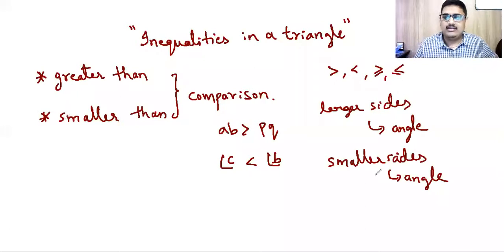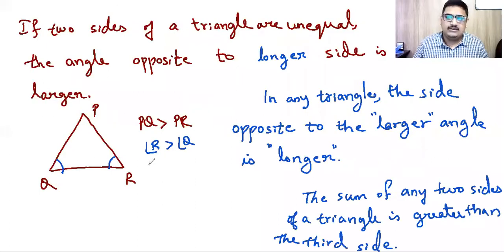So inequalities in a triangle basically talks about the comparison of the quantities. Comparison of what? Comparison of sides, comparisons of angles. So comparison of lengths of sides. We can say one side is greater than the other side, or one side is lesser than the other side. And we studied the property. What property did we study?